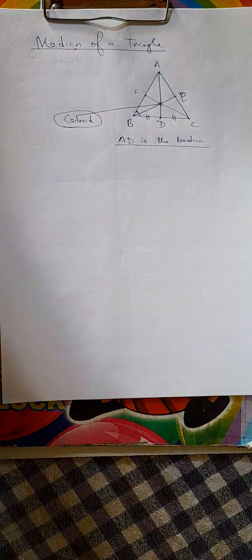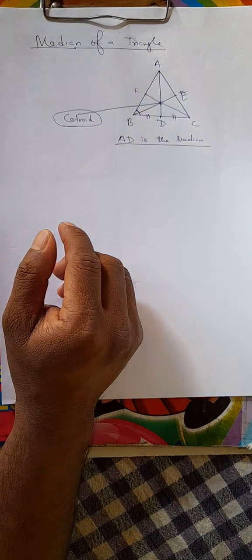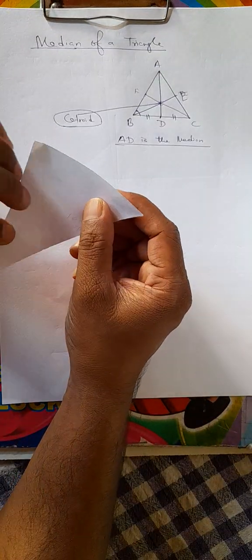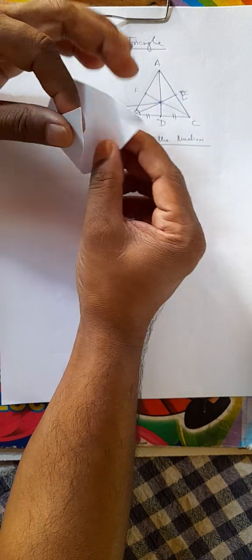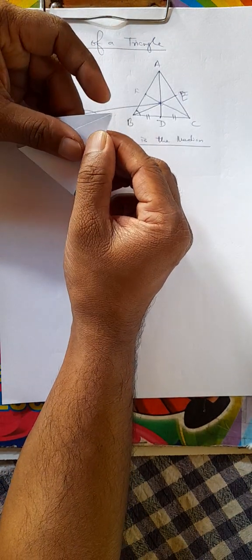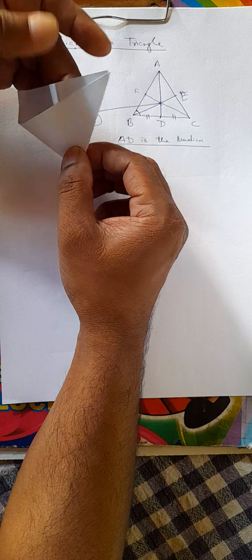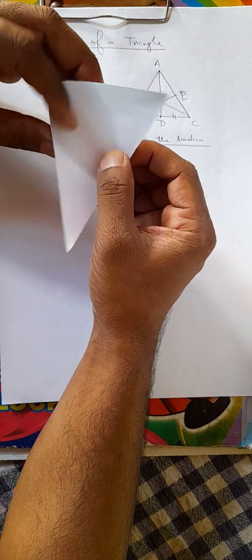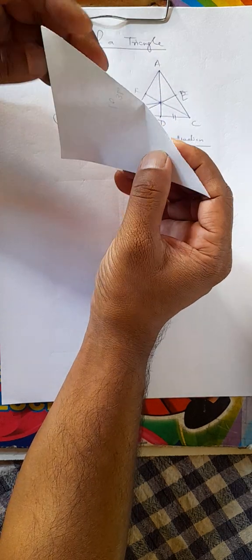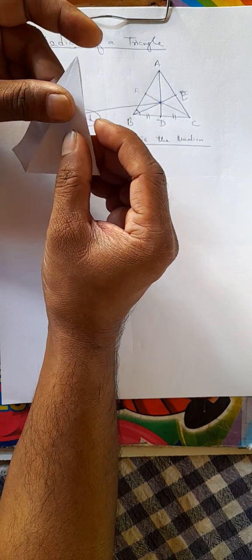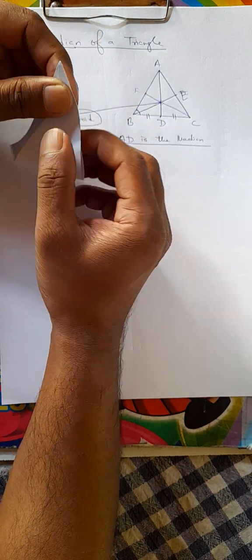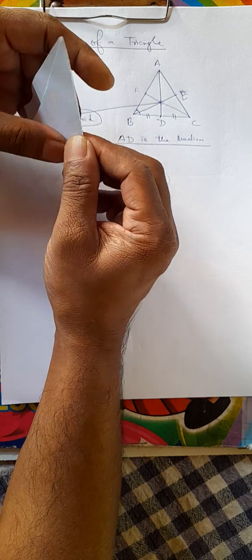Now let us find the median of this triangle practically, manually. So suppose this is the triangle. Now let us fold it in the middle.